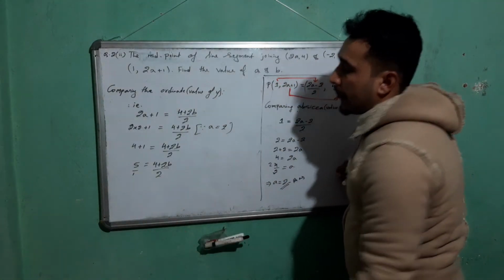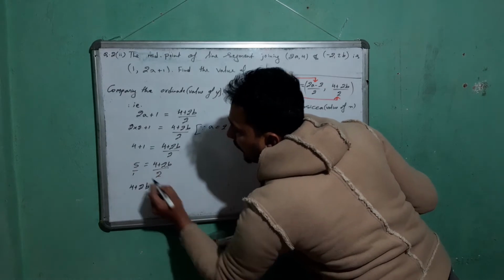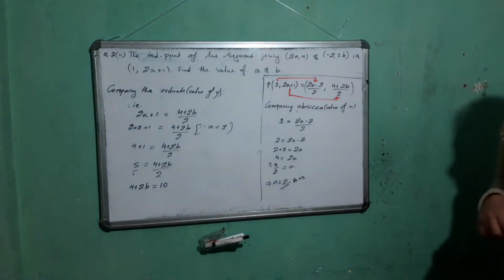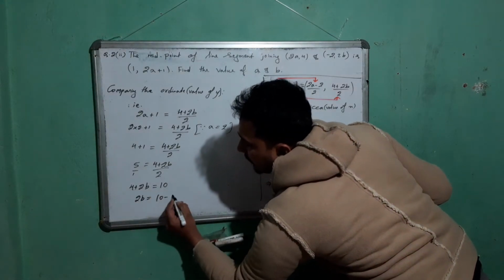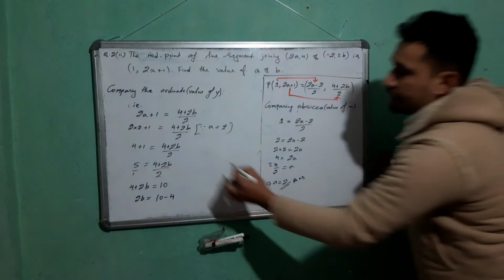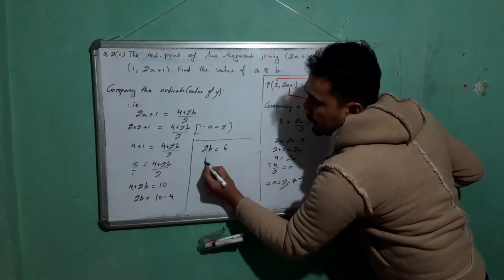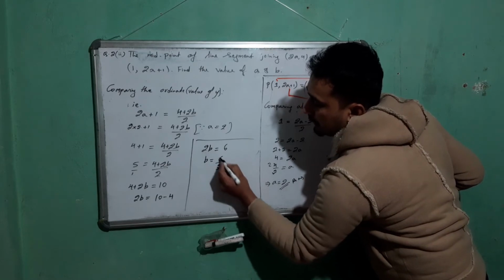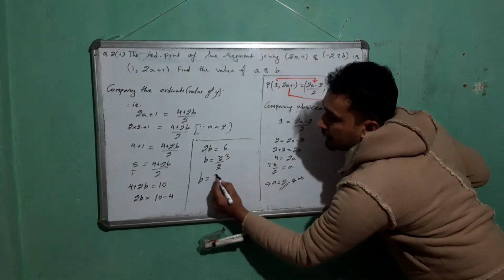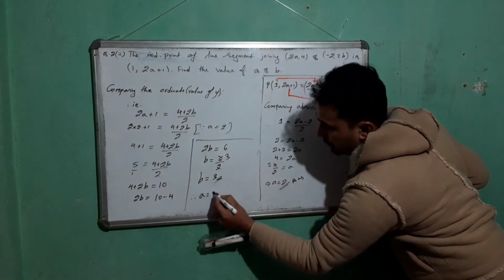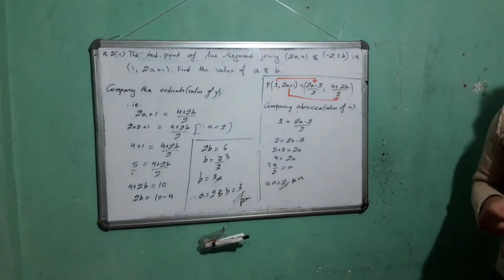So 4 + 2b is equal to 2 into 5, which is 10. This 4 comes to this side and becomes -4. 2b is equal to 10 - 4, which is 6. So b is equal to 6 by 2, which is 3. Therefore a is equal to 2 and b is equal to 3 is your answer. This is how we solve.